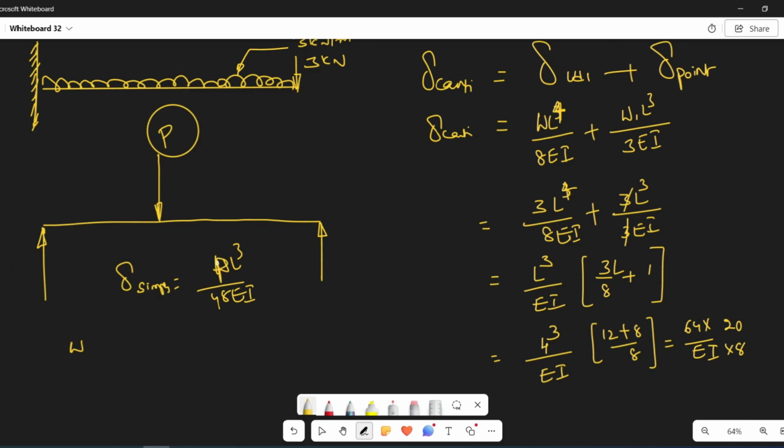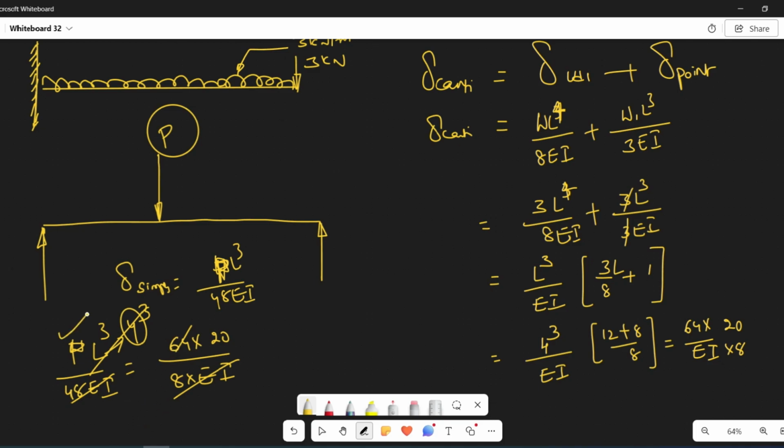We have considered this one, the length, and the value can be found.